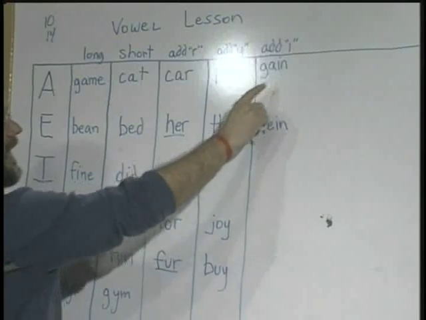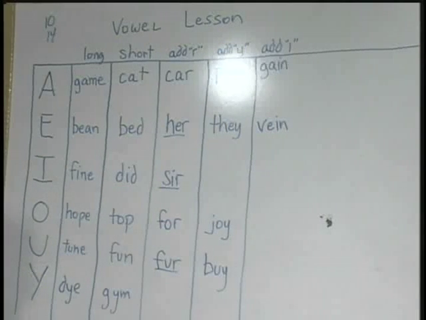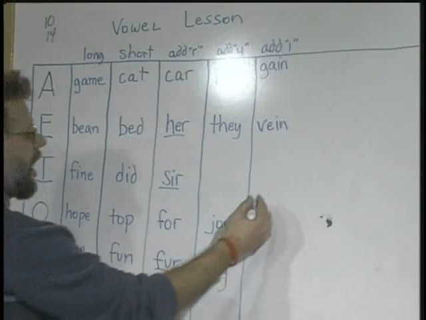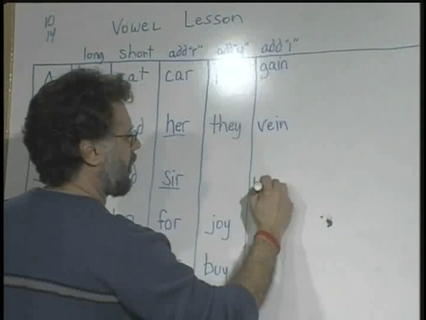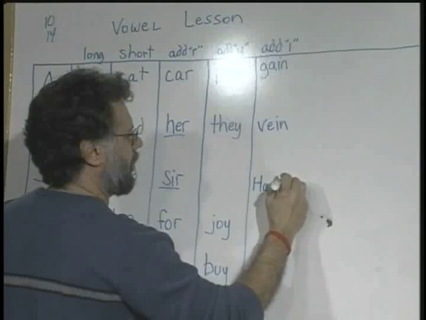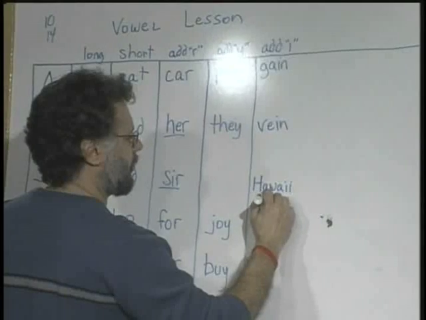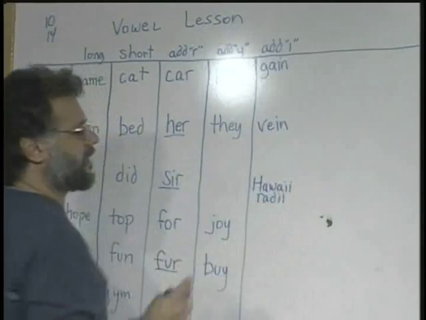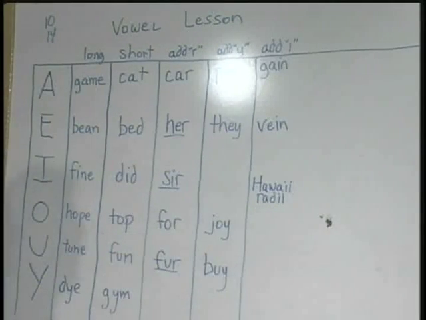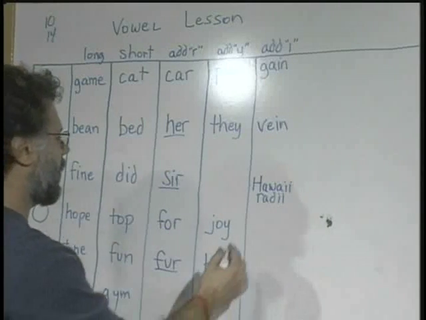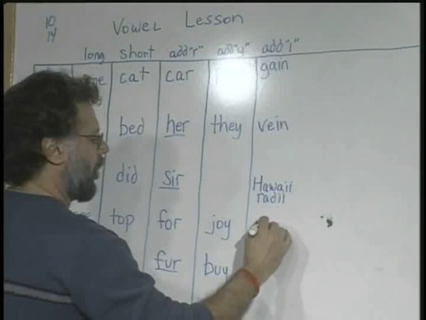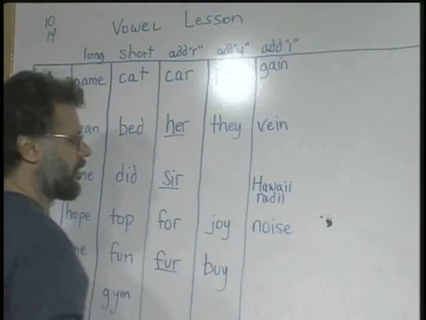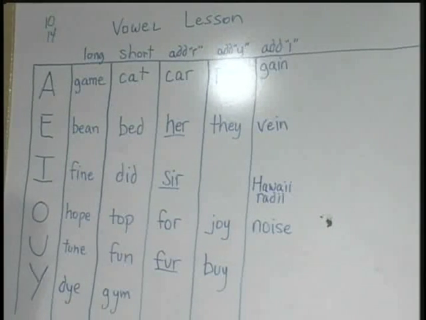So vain and gain have the same sound. All right? We don't add an I after an I except for this word, Hawaii, and also radii. Neither one of these words is English, though. This is a Hawaiian word, and that's either Greek or Latin. I'm not sure. All right, now when we add an I after an O, we get oi again. So we have the word noise, N-O-I-S-E.